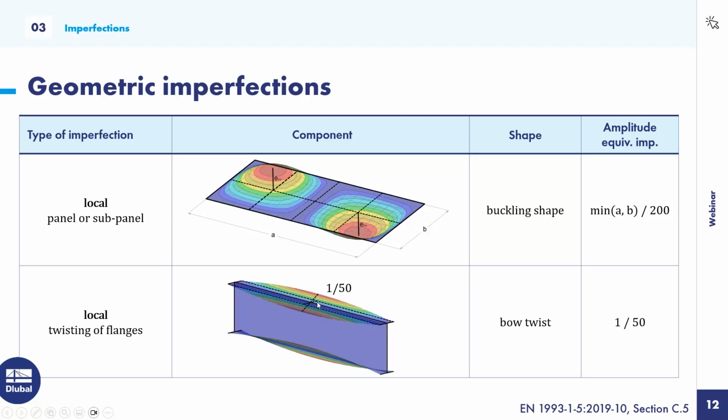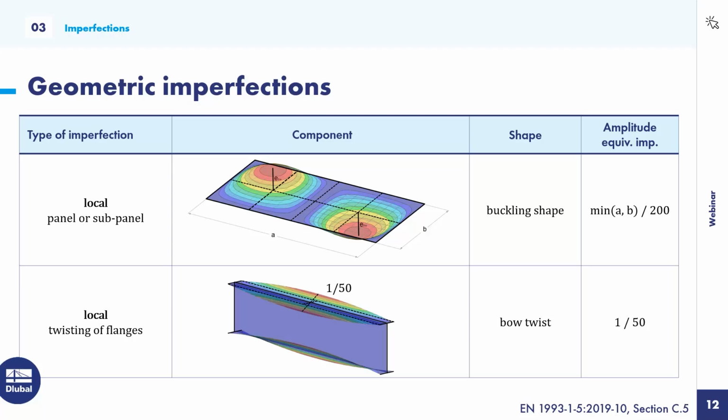And the question is again, how do we do this in our program? Because neither the static nor the buckling imperfection type are really helpful in this case. But what we can always do in this kind of analysis, we can always like burn or engrave the imperfection into our basic geometry.